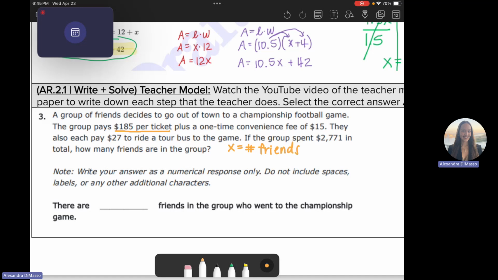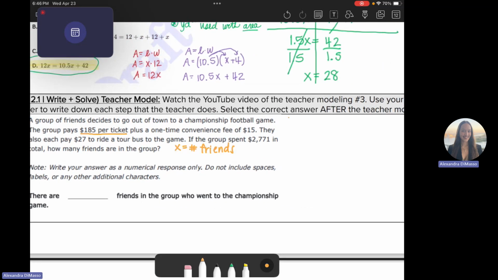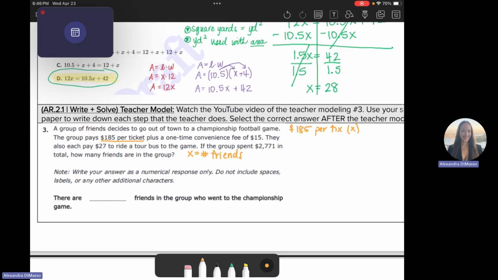So I know it's $185 per ticket, or per person really, because each person gets one ticket. And again, anytime I see that word per, that's going to be multiplication. I also see the one-time convenience fee of $15. So that's a one-time fee.